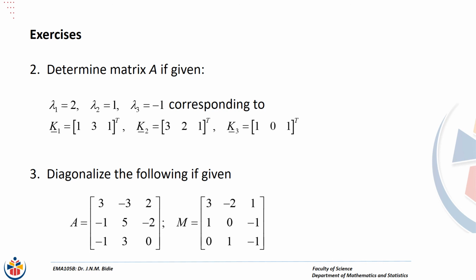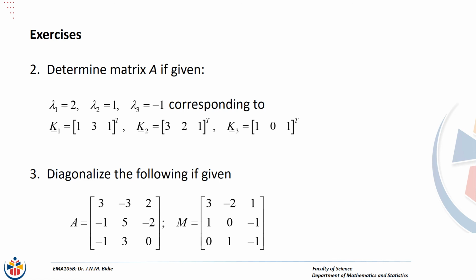Number 2, you've been given eigenvalues and eigenvectors. You're supposed to determine matrix A. And number 3, once again, you're asked to diagonalize the given matrix when the modal matrix has been given. Please attempt and make sure you do your calculations properly.